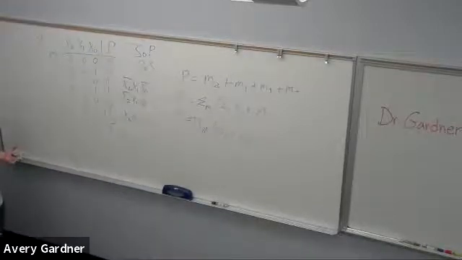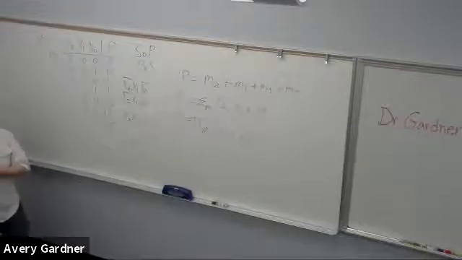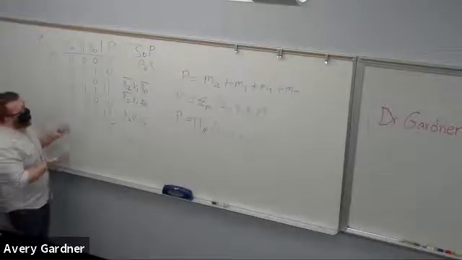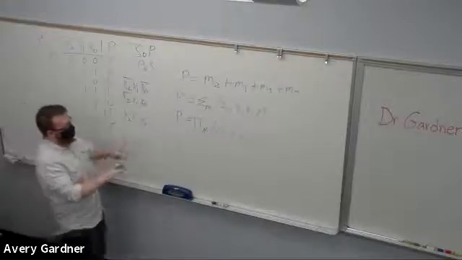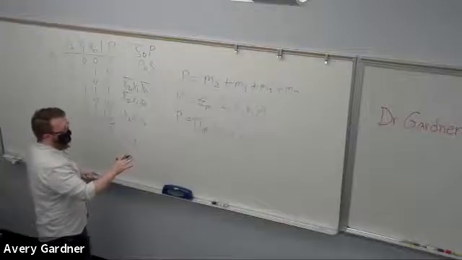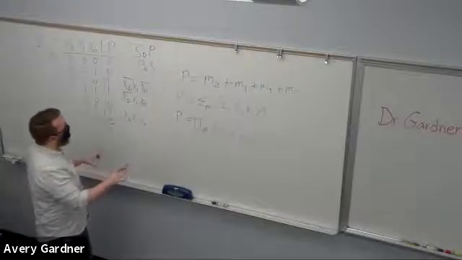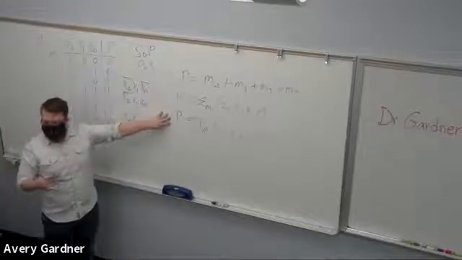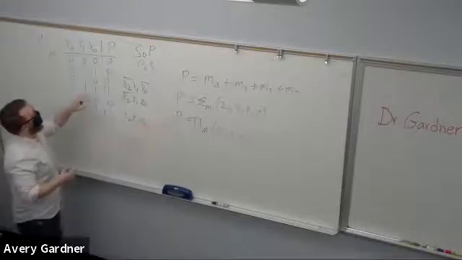Now a max term isn't quite just the and. Unfortunately, I think I screwed this up in my other lecture, and I'll have to go back and correct them. But what you're looking at is we want P to be true when these are true. So let's look at one example.